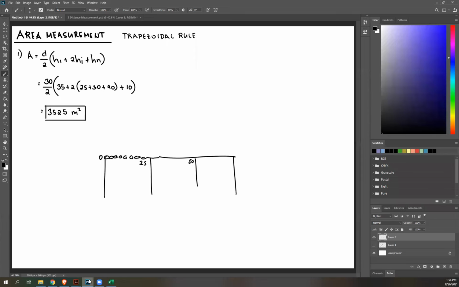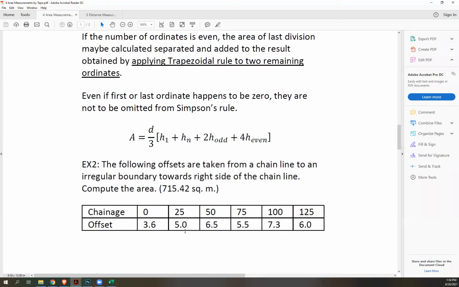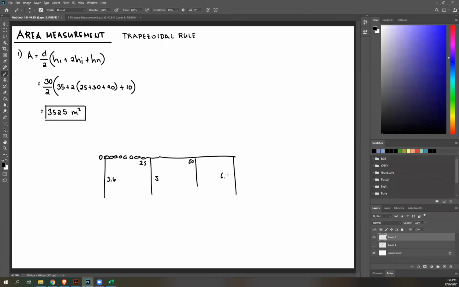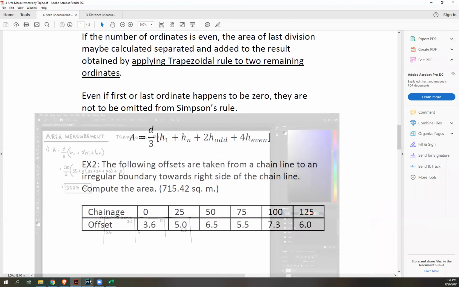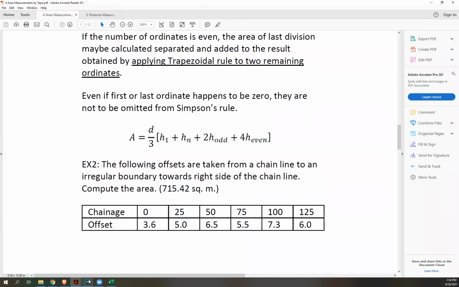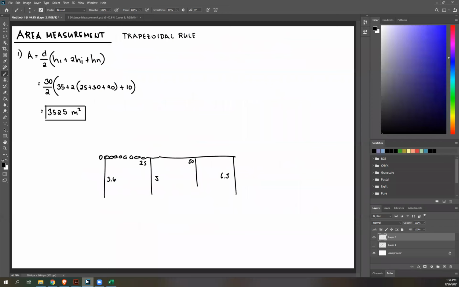And then the readings would be 3.6, 5, 6.5, etc. The first thing we have to do is to know whether these offsets are odd or even.